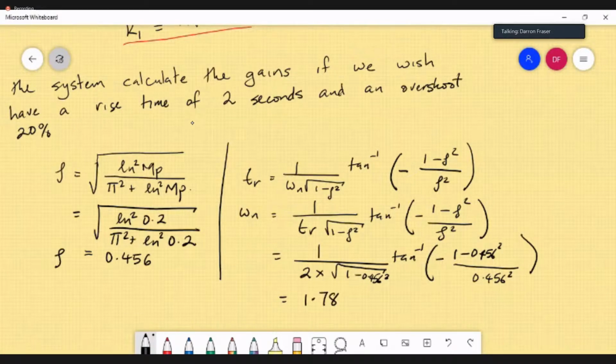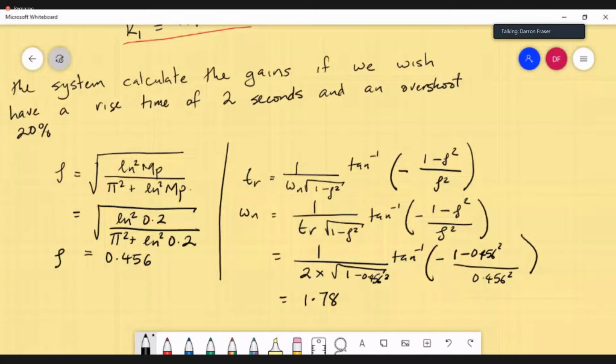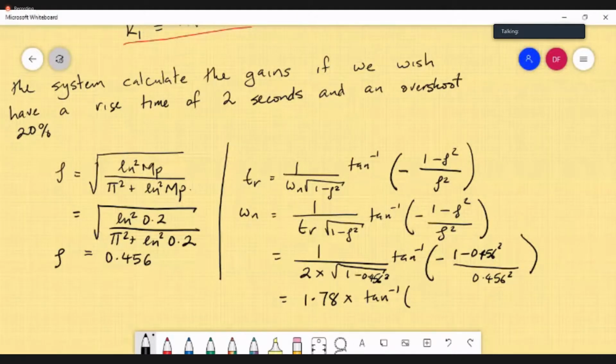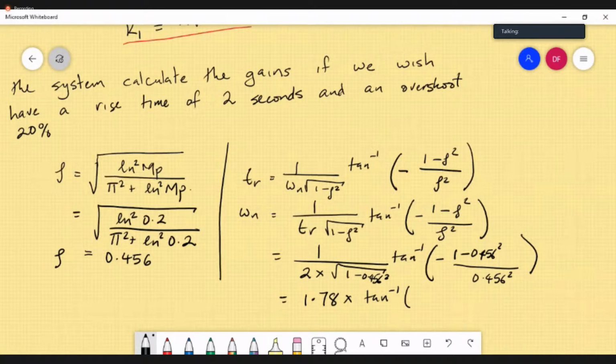That's what I get, 1.7799595 whatever. Now, here's the part: 1 minus 0.456 squared, divided by 0.456 squared.